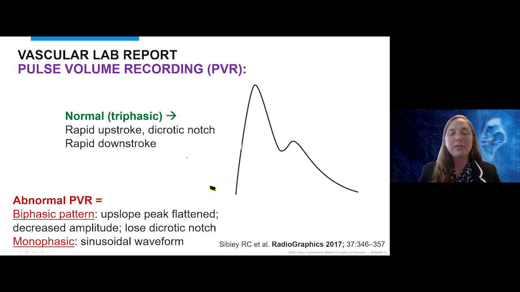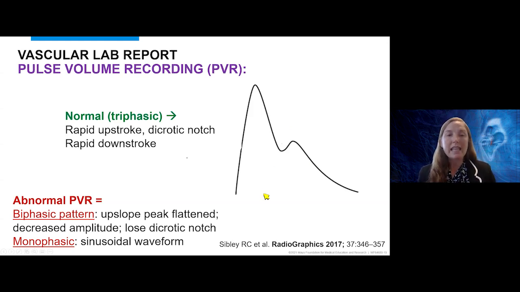You're going to have it potentially with not as quick of an upslope, so it's going to look more like a mound, and then you lose that dichrotic notch. And then monophasic is going to be representative of more severe disease, when you really get more of this sinusoidal waveform, or even starting to be more of a nearly flat line.